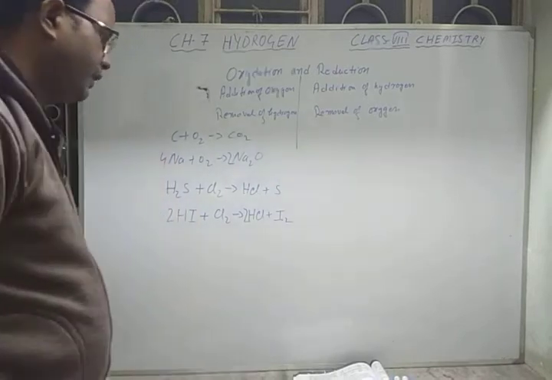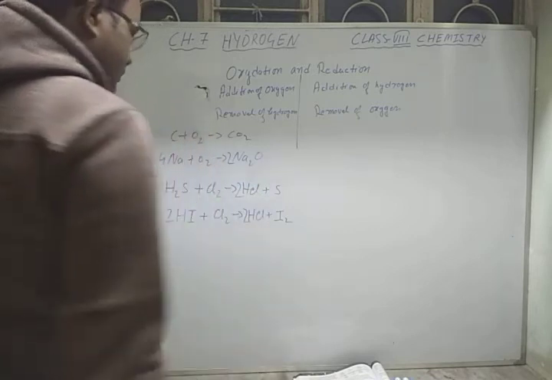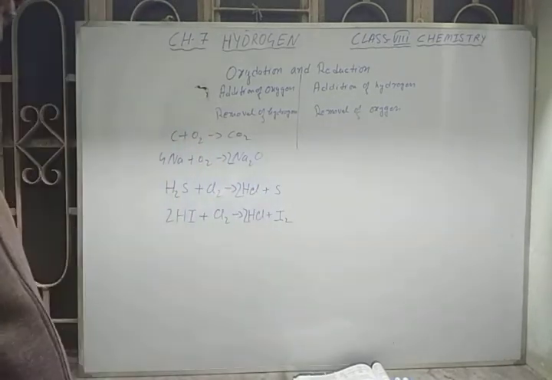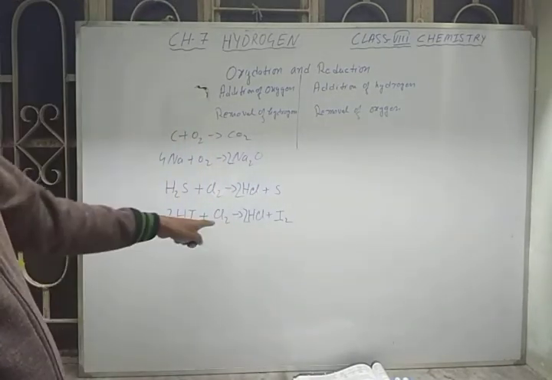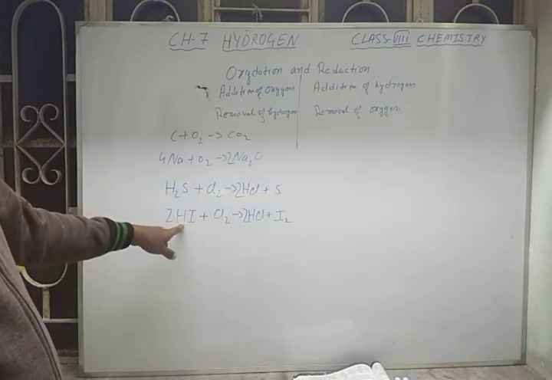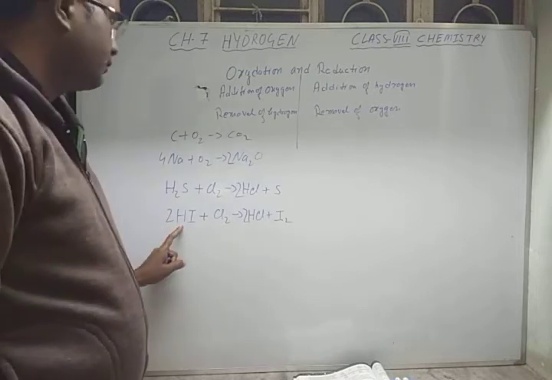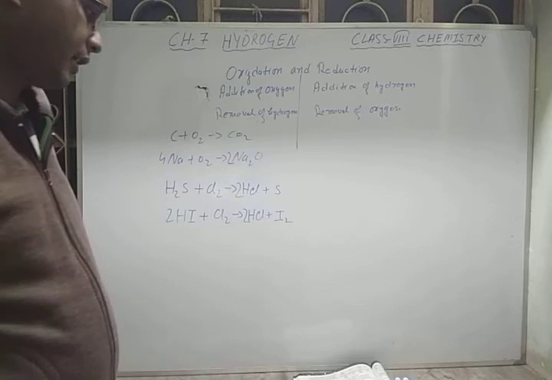It is balanced now. Here also we have to balance. That's it. Again you can see chlorine helps hydrogen to be removed from iodine. So removal of hydrogen takes place here, so it is again an oxidation reaction.